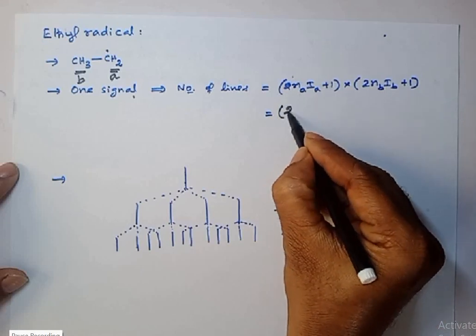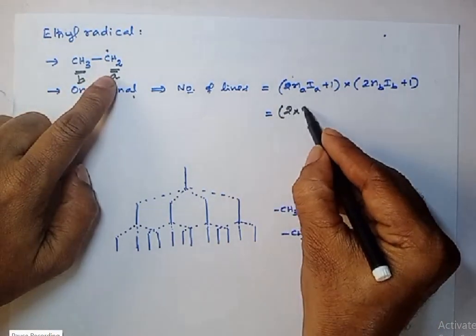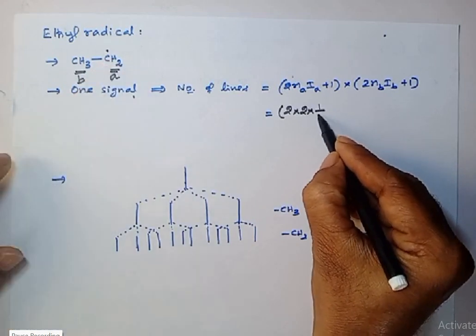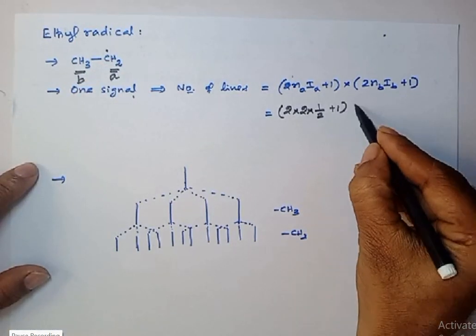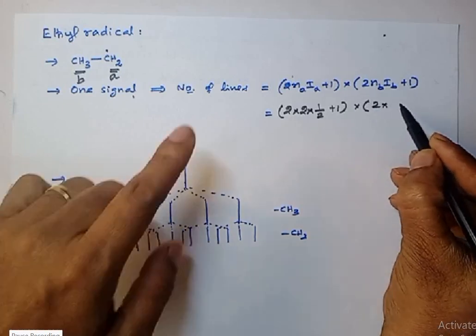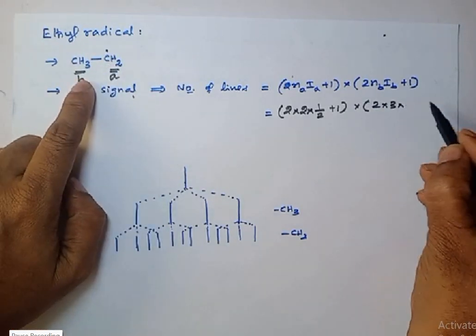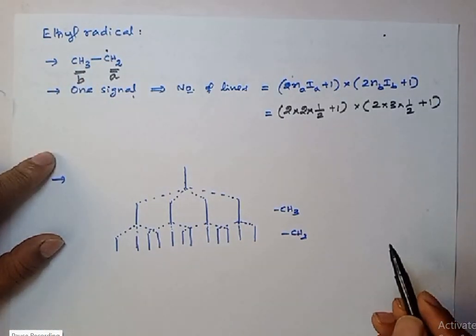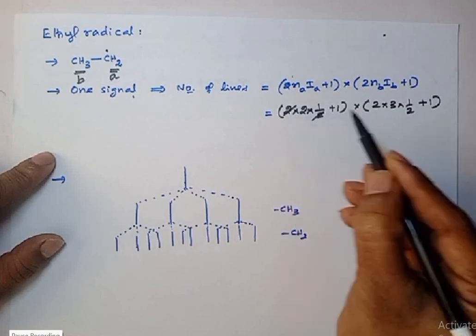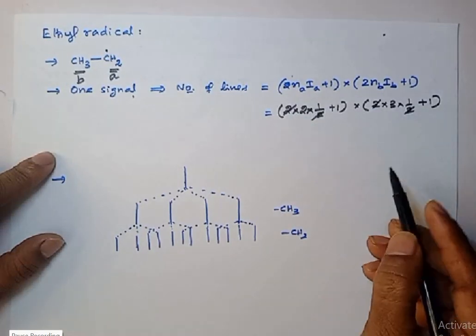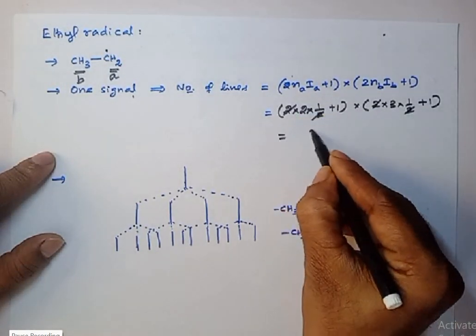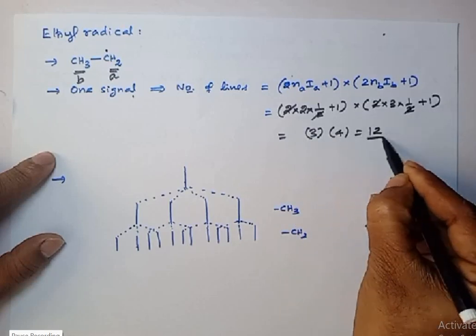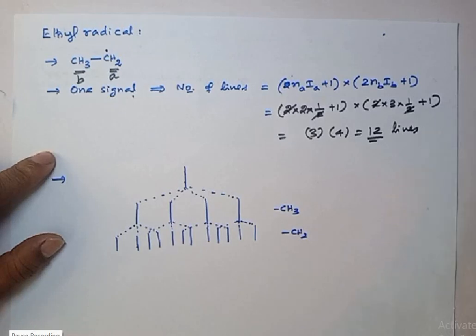So we have 2 A protons, and the nuclear spin quantum number for a proton is half, plus 1, times 2 times the number of B protons, we have 3 here, and I value is half for protons, plus 1. If we simplify, the 2 cancels here, 2 cancels here, we get 2 plus 1, 3 here, and 3 plus 1, 4. So we get 12 lines in the spectrum.